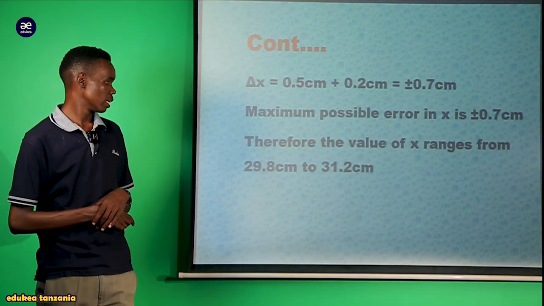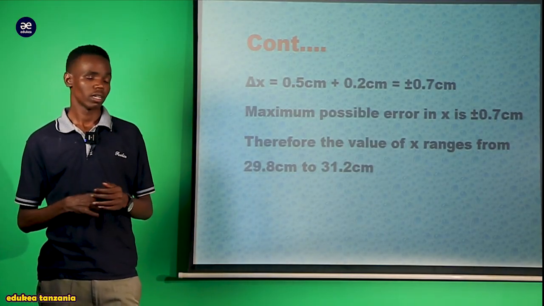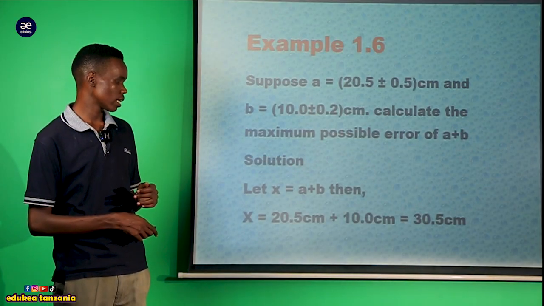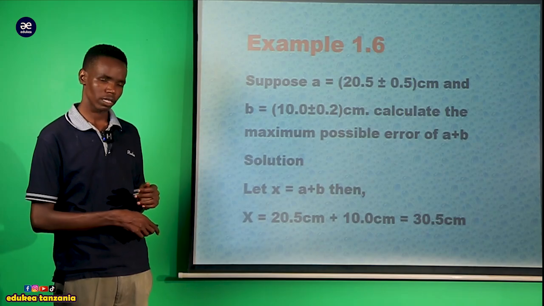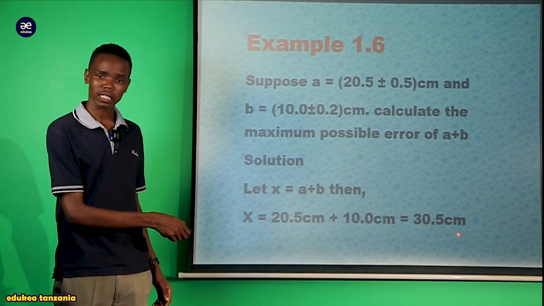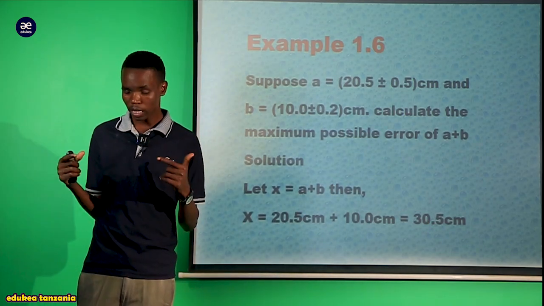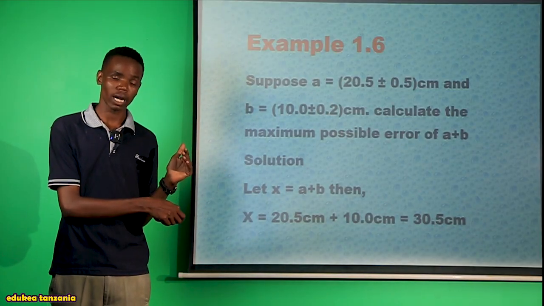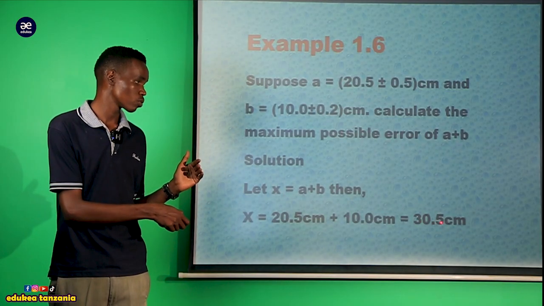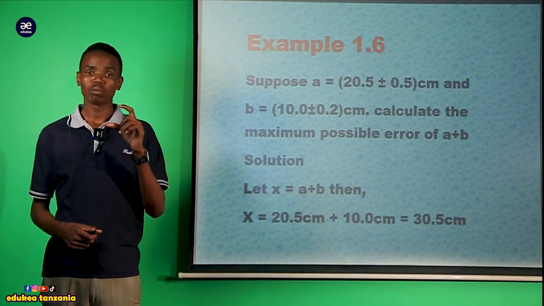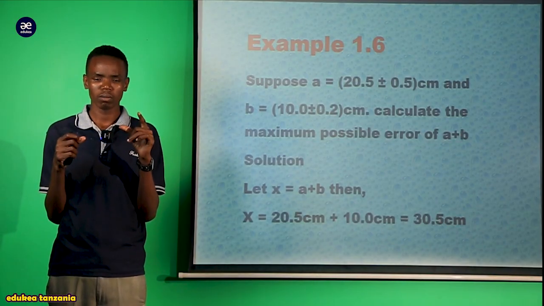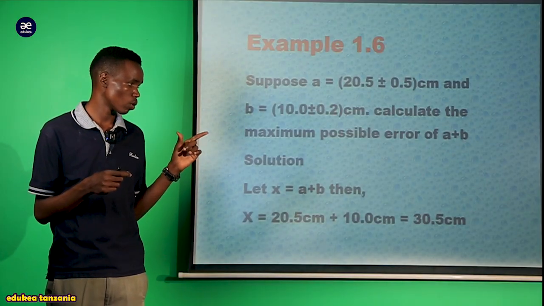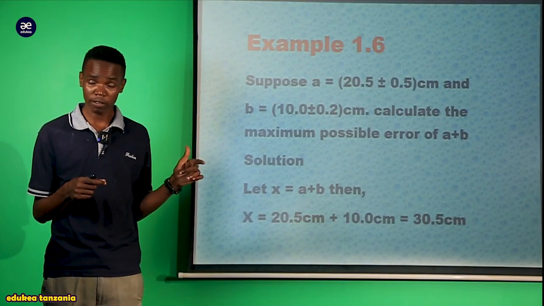He obtained this, my dear student, by taking the 0.7 and adding it to 30.5. To look at the error, the absolute error, we take this 30.5 cm, subtract 0.7 cm from it, and after that we add 0.7 cm.